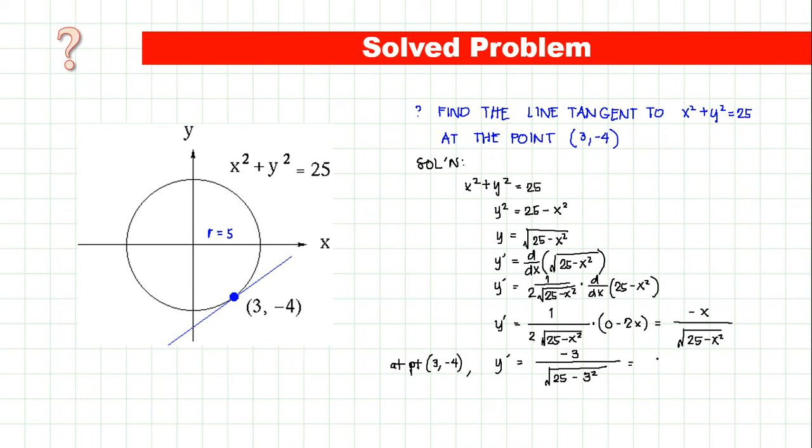And that will be negative 3 over the square root of 16, which is 4. So the slope is 3/4, okay? And we want to get the line, the line that is tangent. So we have already gotten the slope.